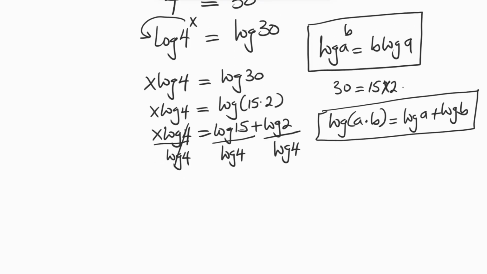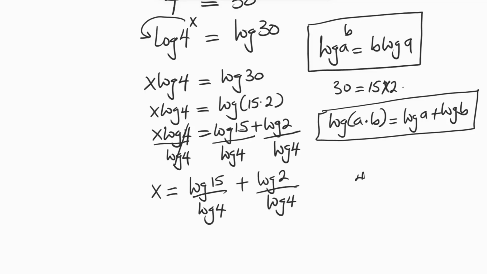On the left-hand side, log 4 divided by log 4, that's 1. They cancel out. So what we have is x equals log 15 divided by log 4 plus log 2 divided by log 4. We know that 4 is 2 squared.